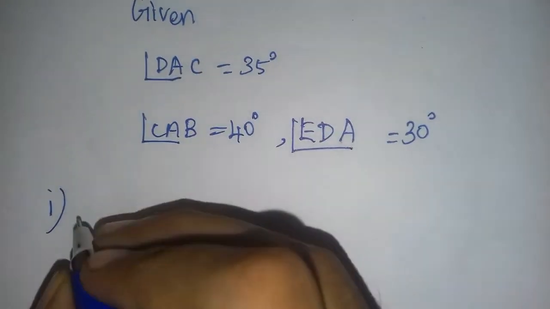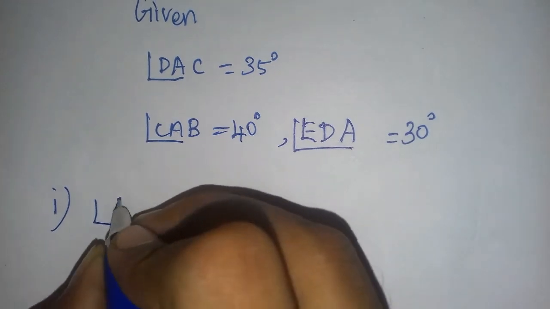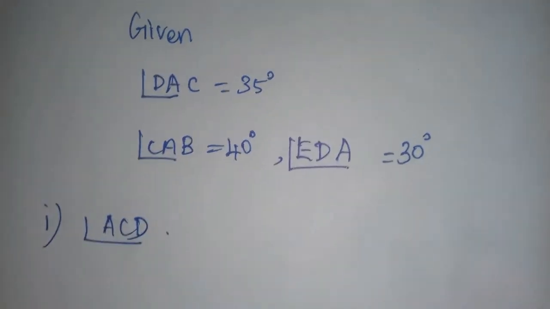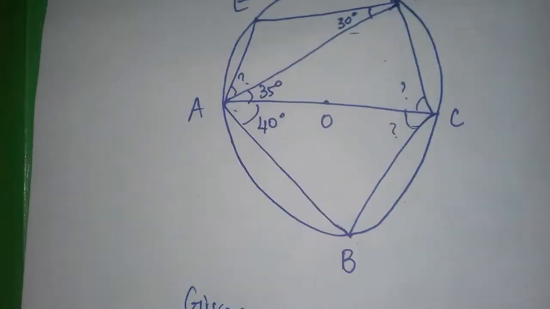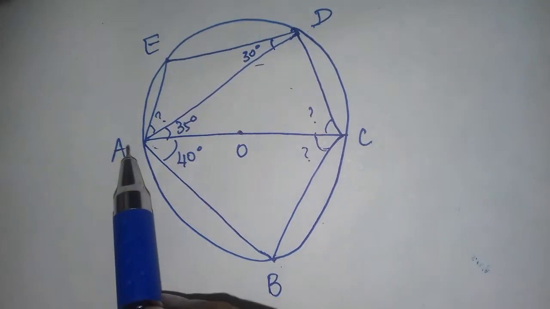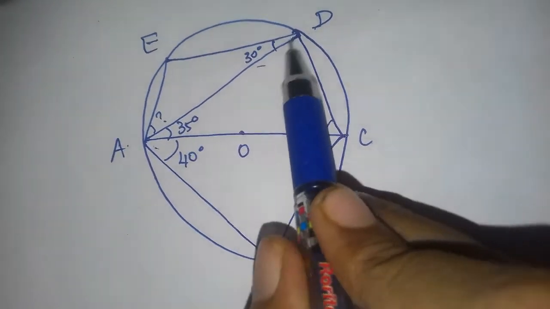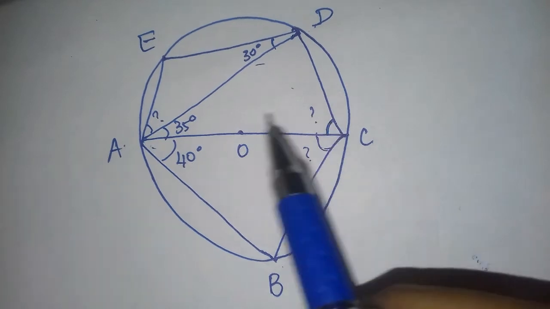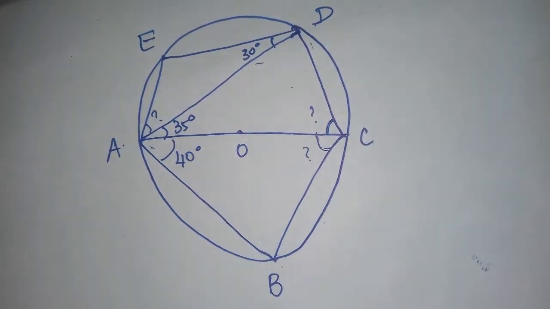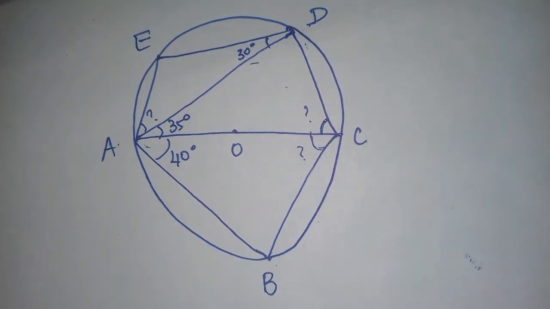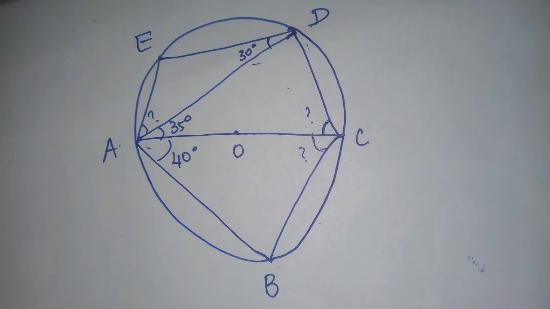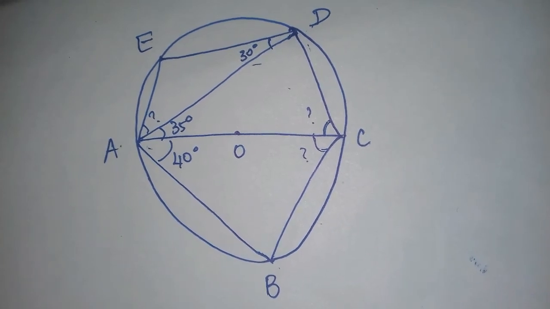First let us find angle ACD. Okay. Where is angle ACD? We have to find this angle. This is one triangle. Also the line AC is passing through the center. That is, AC is the diameter. Am I right?